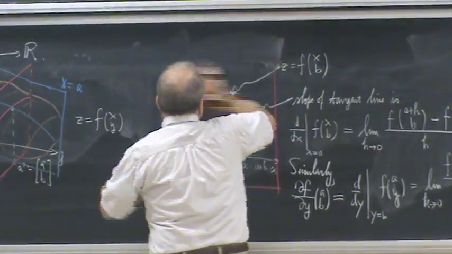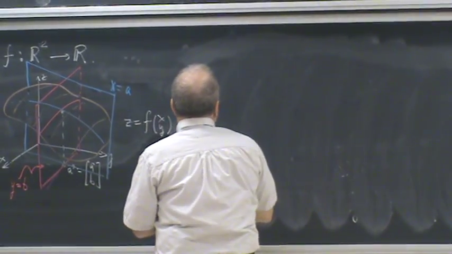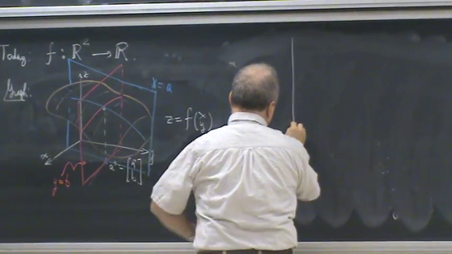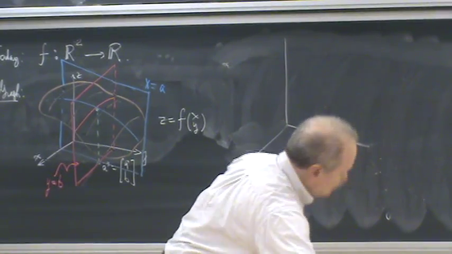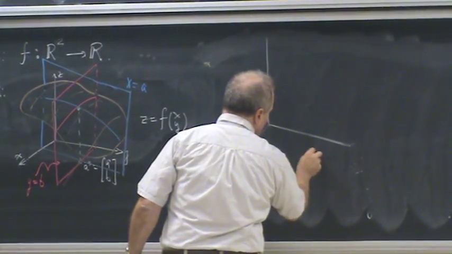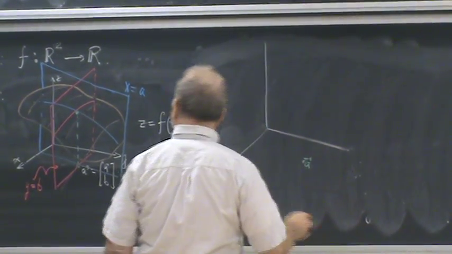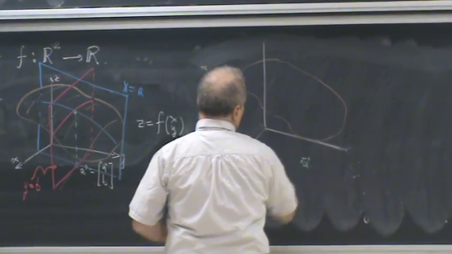So here I am at the point A still, but now I'm interested in, surely I'm not going to be successful at drawing the exact wiggly shape correctly.